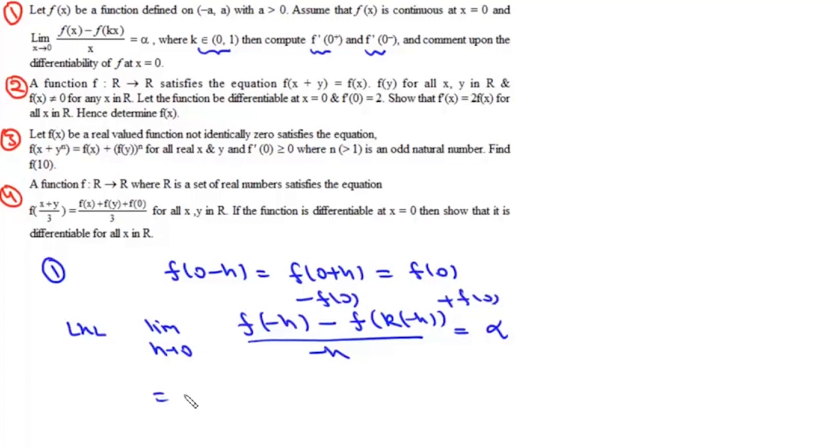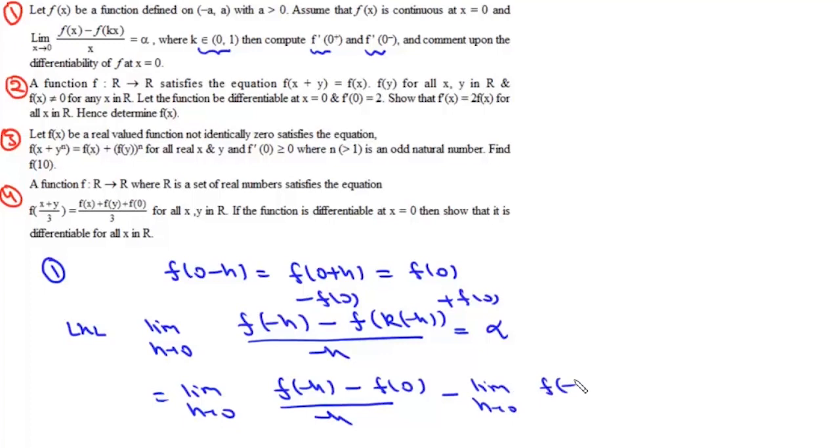Now we can write this as the limit h tends to 0 of f(minus h) minus f(0) upon minus h, and then if we take this minus common, it will be the limit h tends to 0 of f(minus kh) minus f(0) upon minus h, and this is equal to alpha.